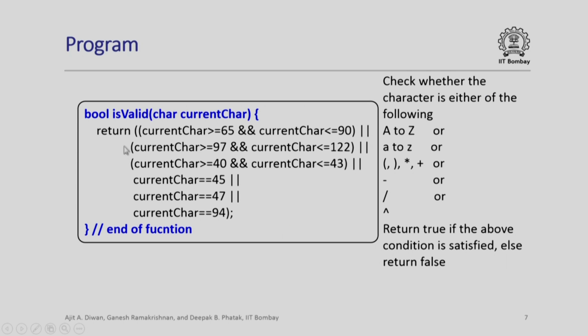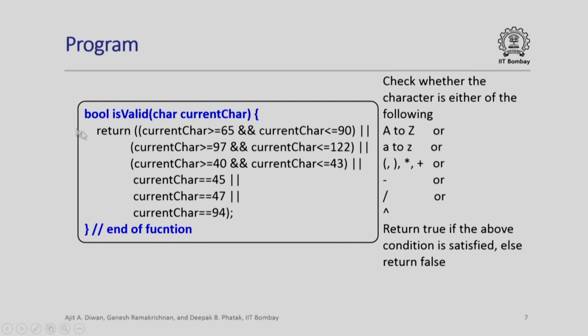Next is the is valid function. The purpose of this function is to check whether the character that comes in the infix expression is either of a to z or capital A to Z, which corresponds to our operand, or opening parenthesis, closing parenthesis, star, plus, minus, slash, or raised to, which are the valid operators.